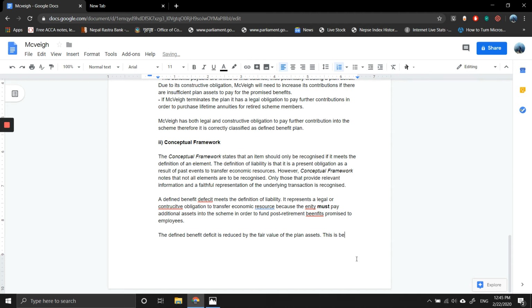This is because the plan assets reduce the entity's obligation, resulting in a single net obligation, the one which is essentially the promised benefits not yet funded, which a reporting entity is liable for.